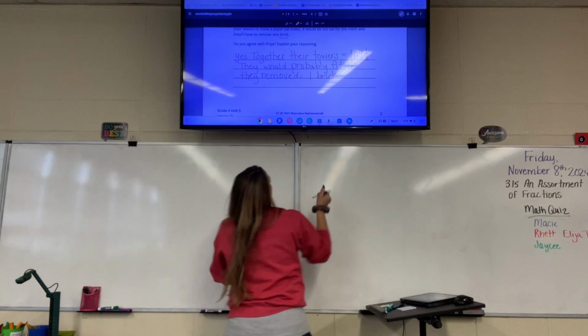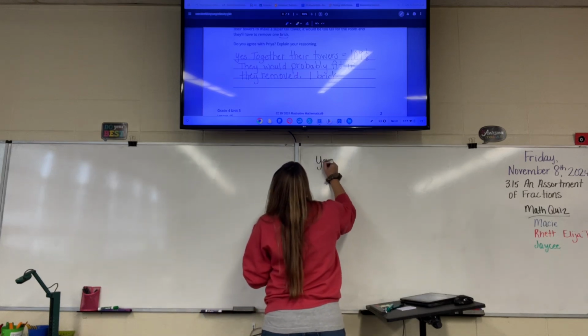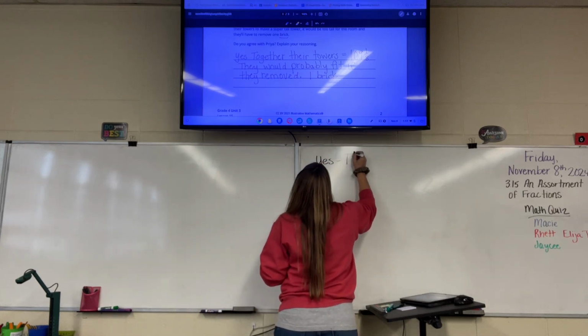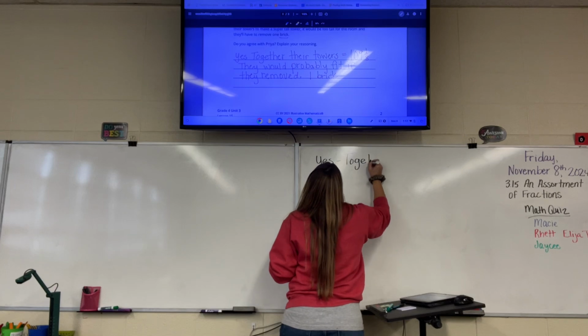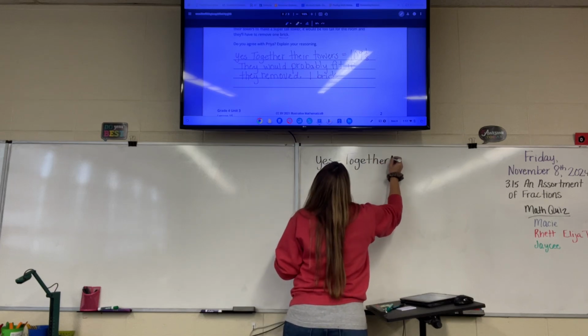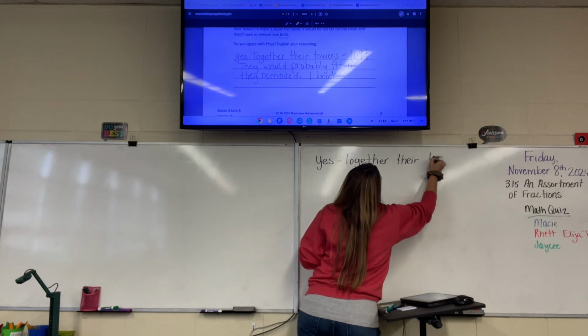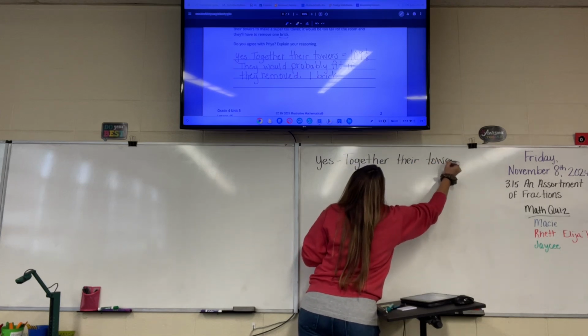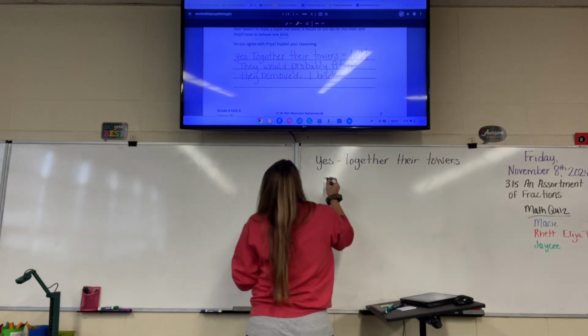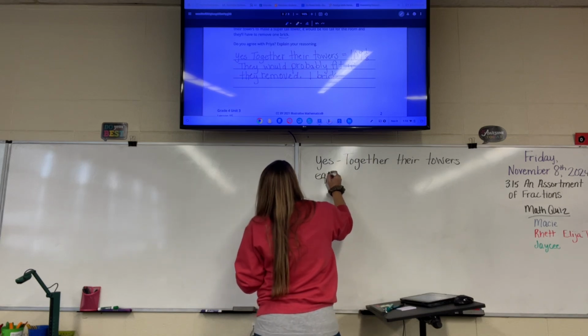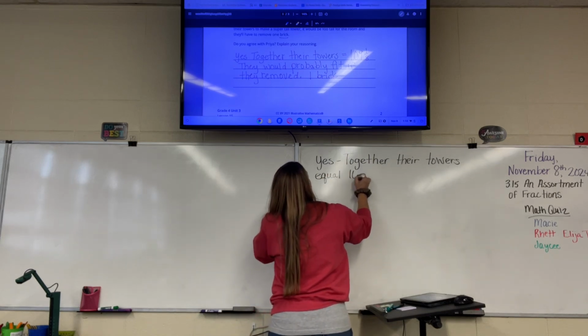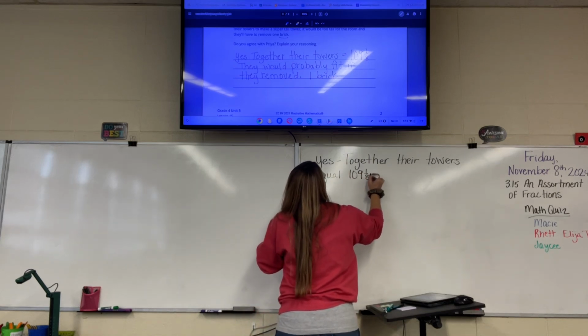So, yes, together their towers equal 109 and 1/8 inches.